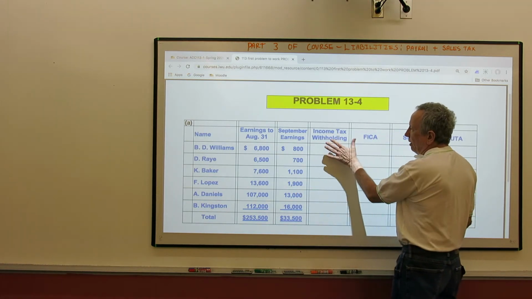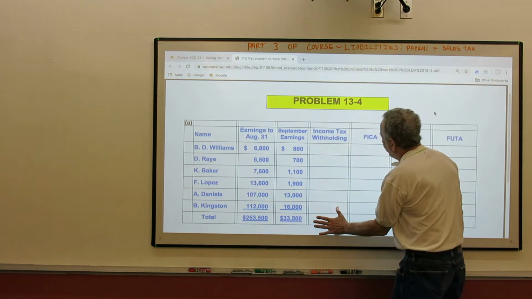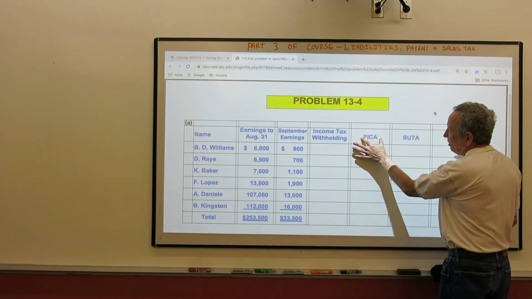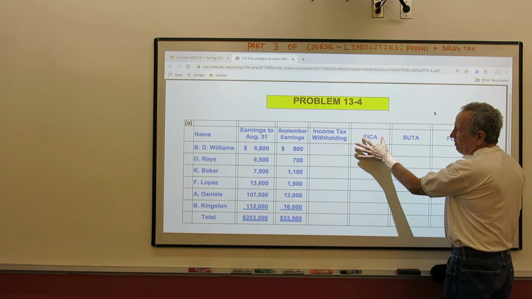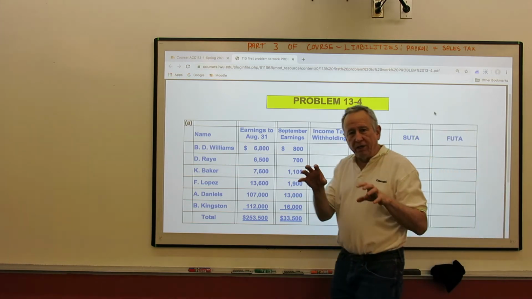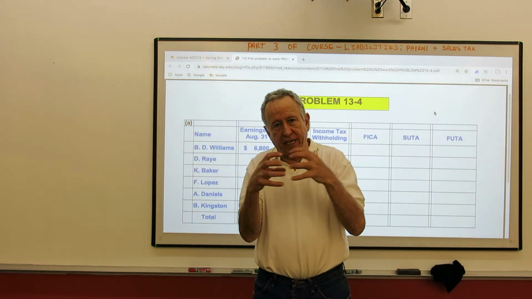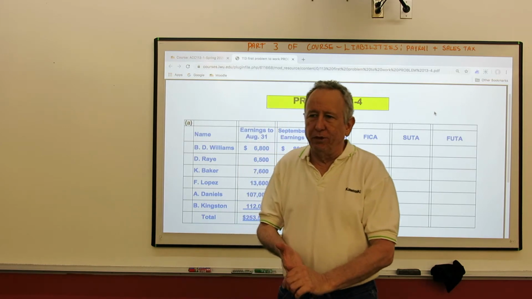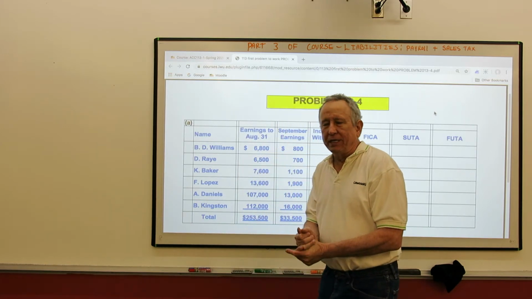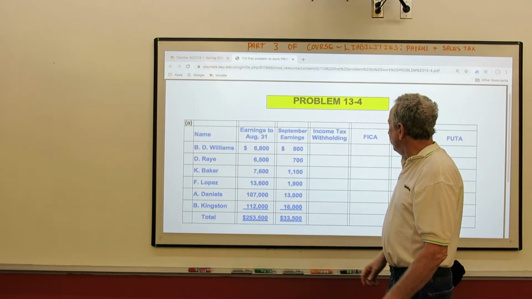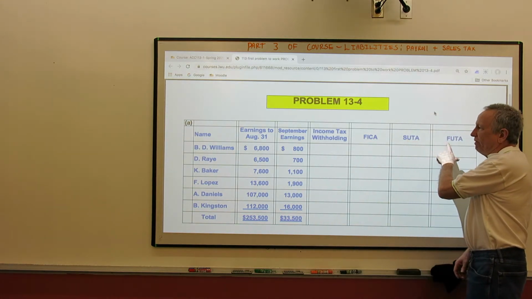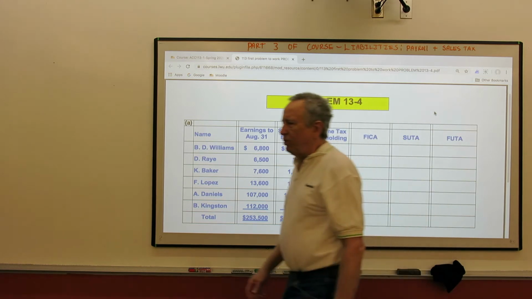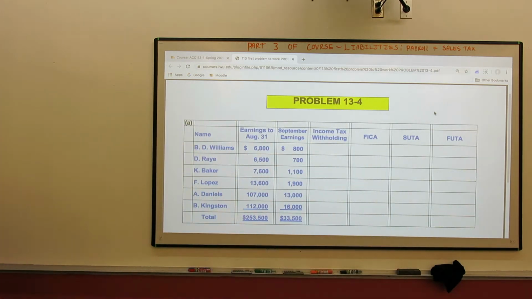I want you to come up with the withholding for the income tax. Now, they're going to call this FICA, and many places do this. When they say FICA, they really mean the Social Security and the Medicare together. I don't know that that's really correct, but I've seen it done a lot, so let's go with it. That's what your author does. SUTA, state unemployment and federal unemployment. Let me scroll down and show you, let's just read the problem.